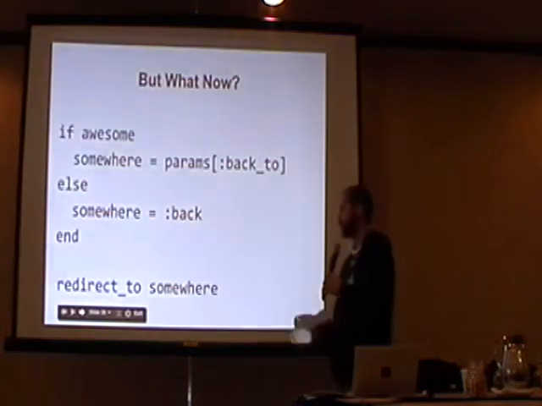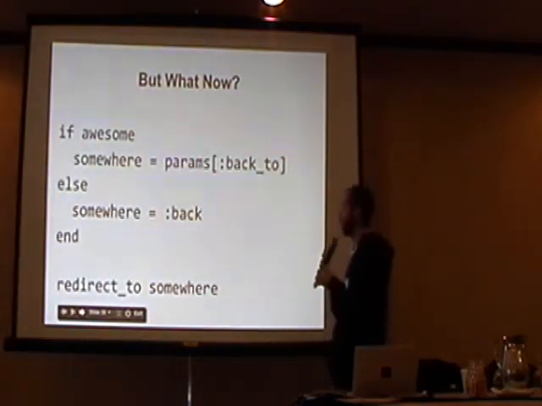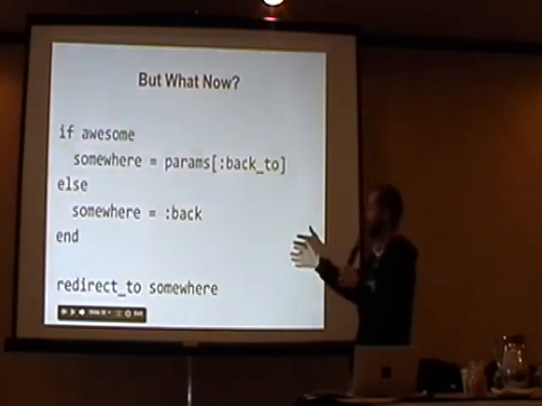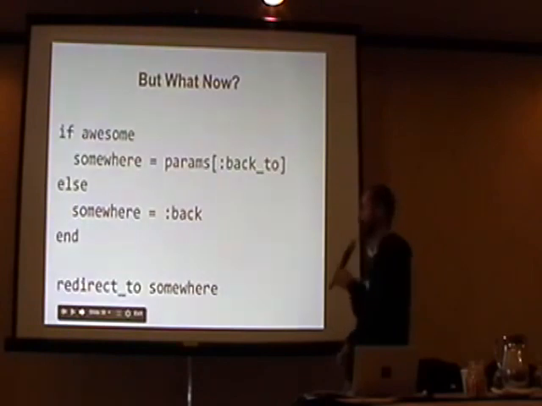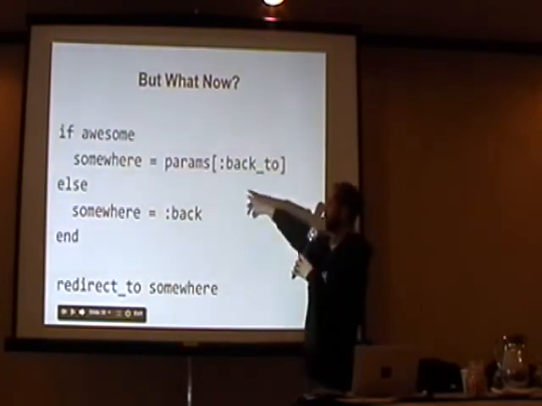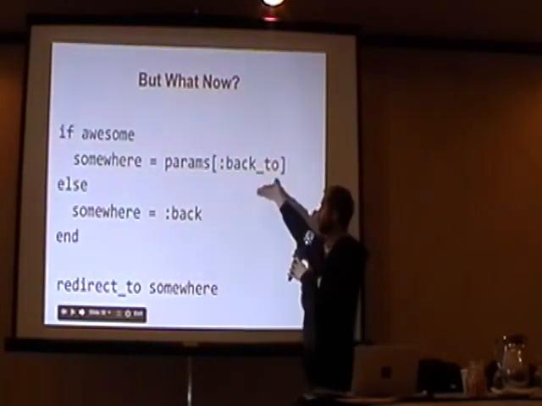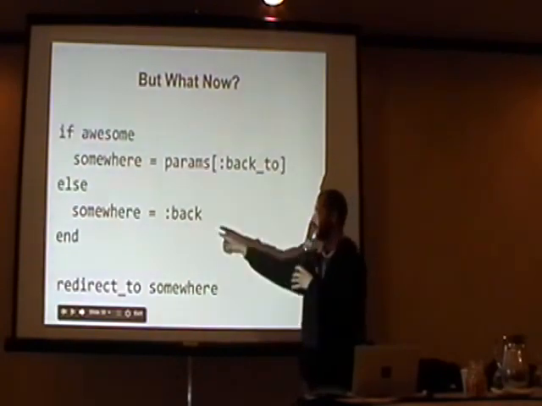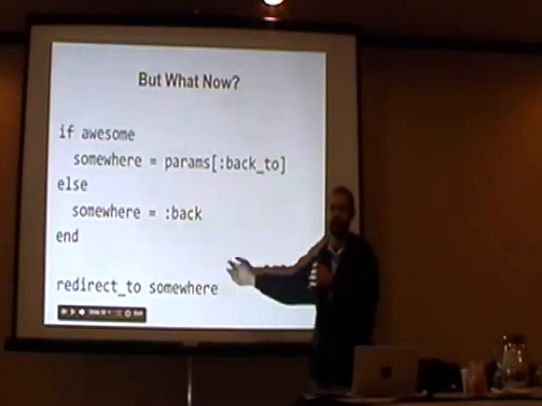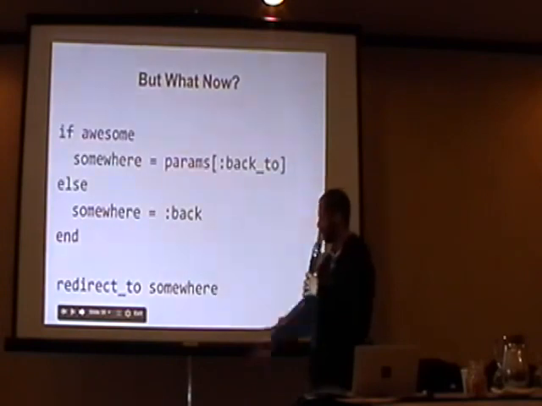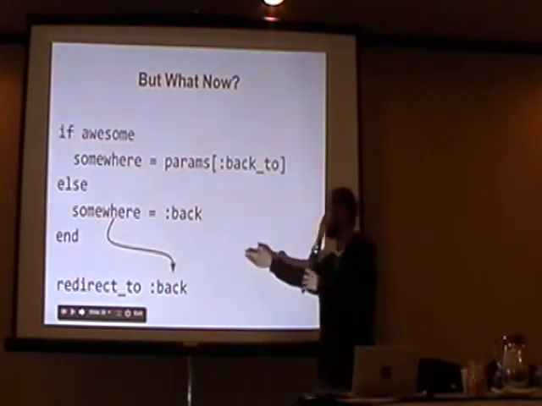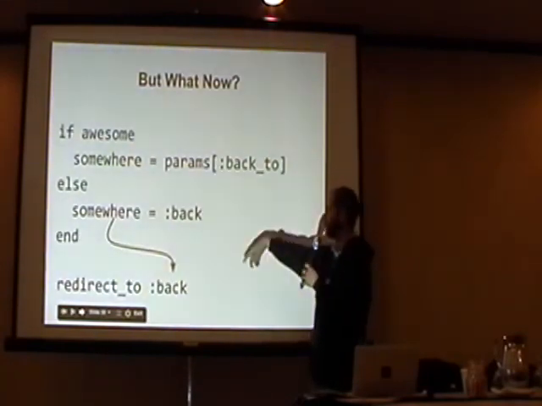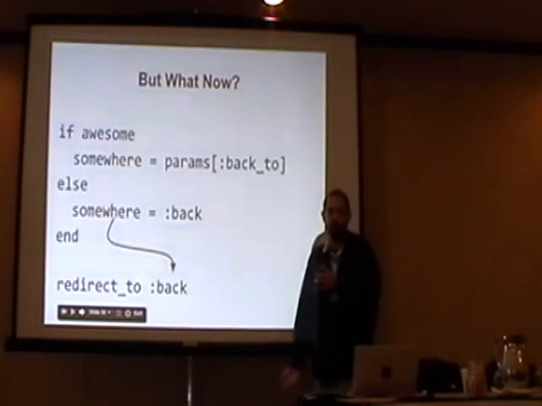All right, this just drives me nuts. So we're on board with that. We're just gonna copy the values. Here, if something is awesome, somewhere is gonna be a query parameter. Otherwise, it's back. Back is relatively safe. And then we're gonna redirect to somewhere. So the obvious problem here is we set somewhere to a query parameter, then we set it to back, and so it looks totally legit.